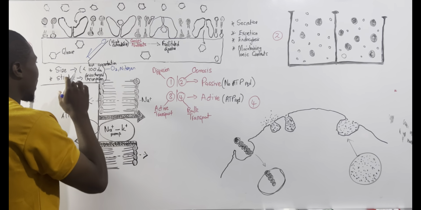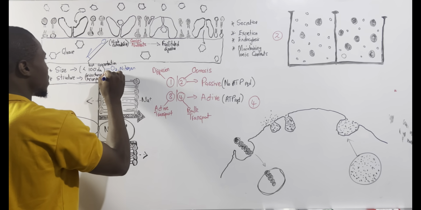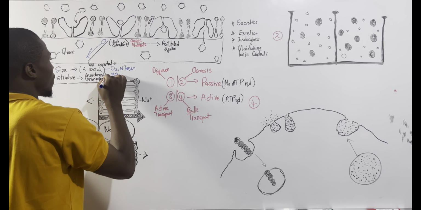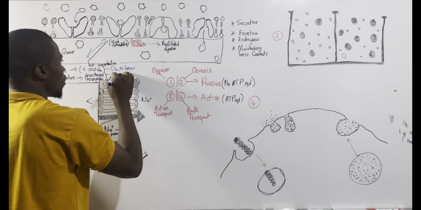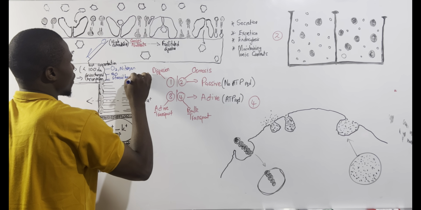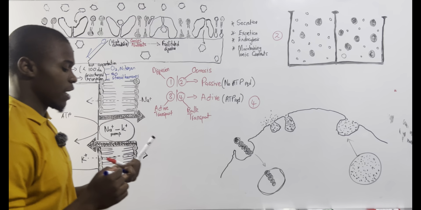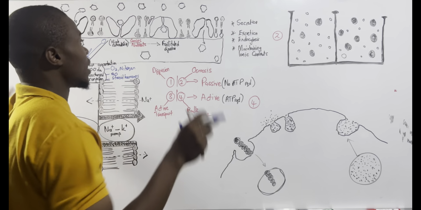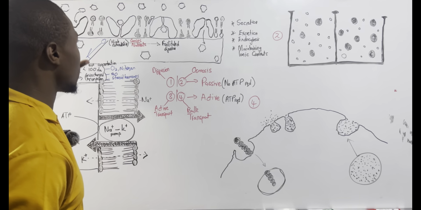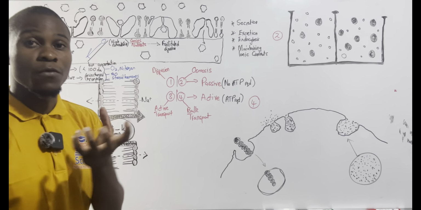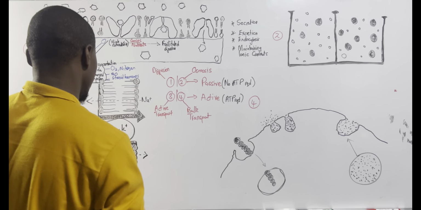And in terms of structure, uncharged molecules like water and non-polar molecules like steroid hormones, all these molecules can freely pass through the cell membrane without the need of any carrier or channel protein. Why? Simply because they are small and they can fit in between the phospholipid bilayer.